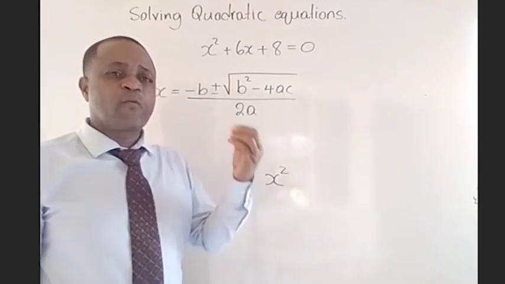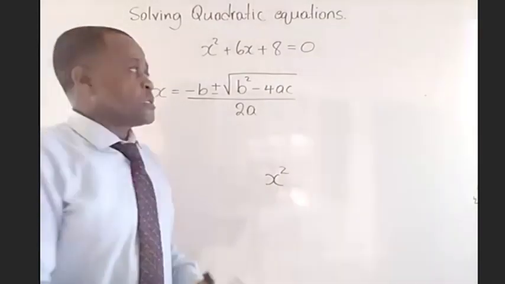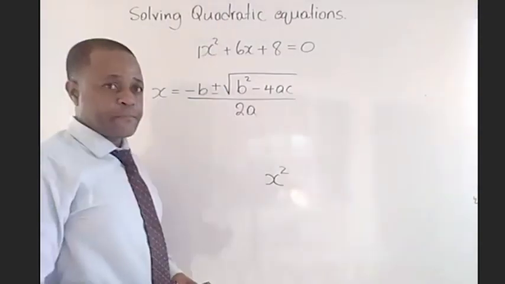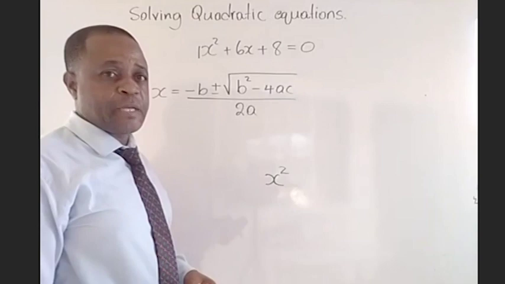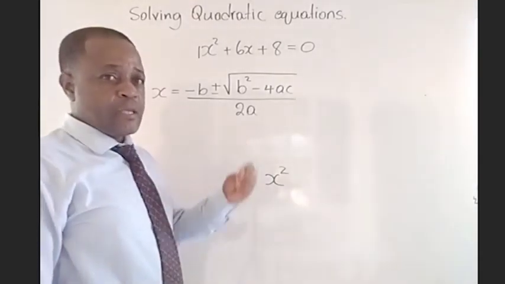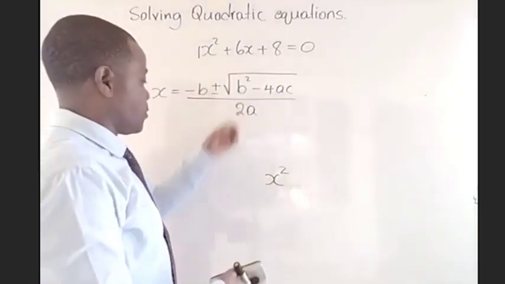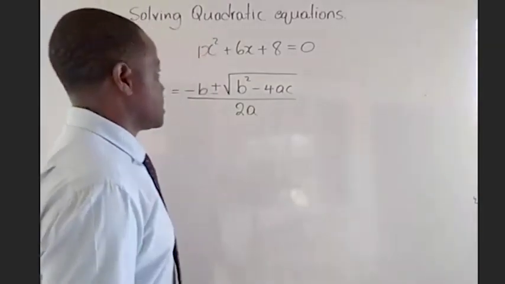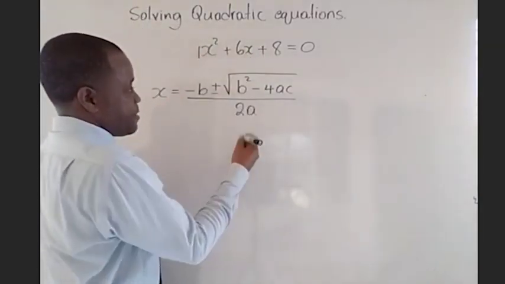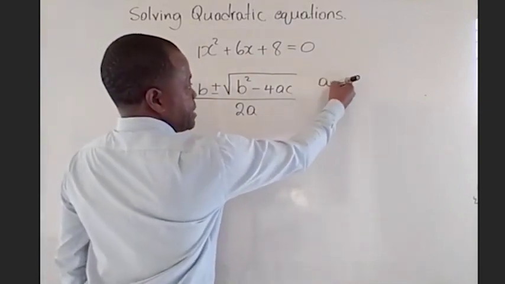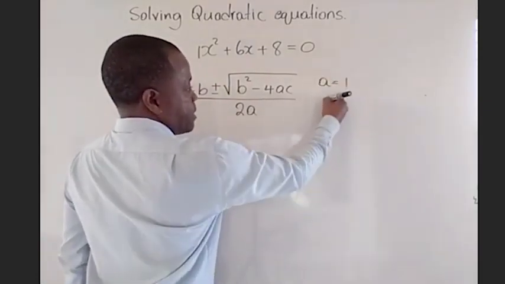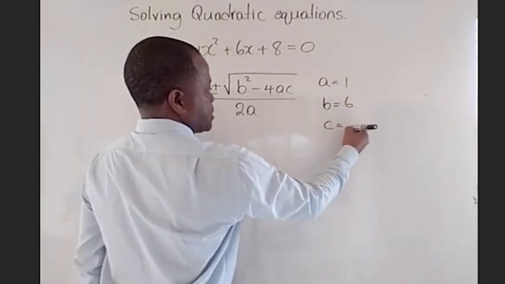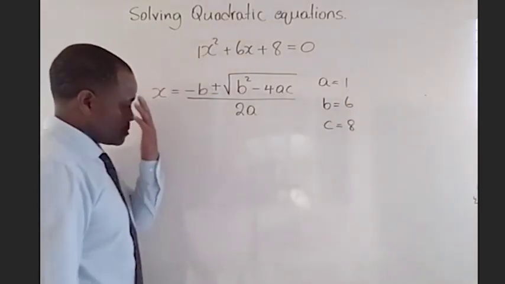Yes, we have one x squared term. So in this case, I could have represented that with 1. This is just to help you better identify your numerical coefficients: the A value, B, and also C. So when I look at that, I realize that A is equal to 1, B is equal to 6, and C is equal to 8.